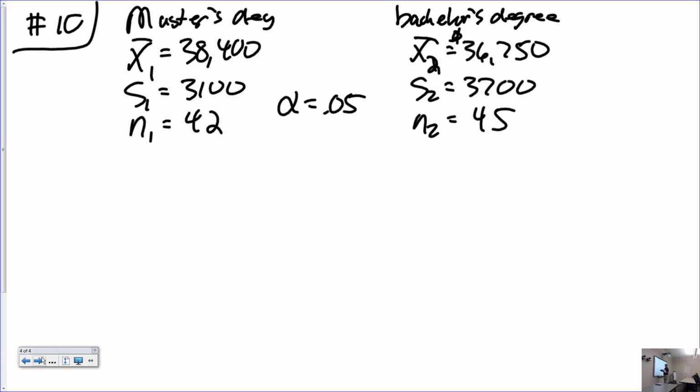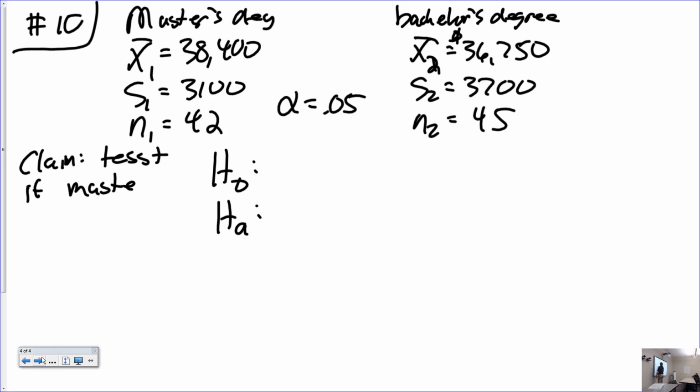And the claim is that you make more money if you have a master's degree than if you have a bachelor's degree. Claim, test if master's earns more than a bachelor's.